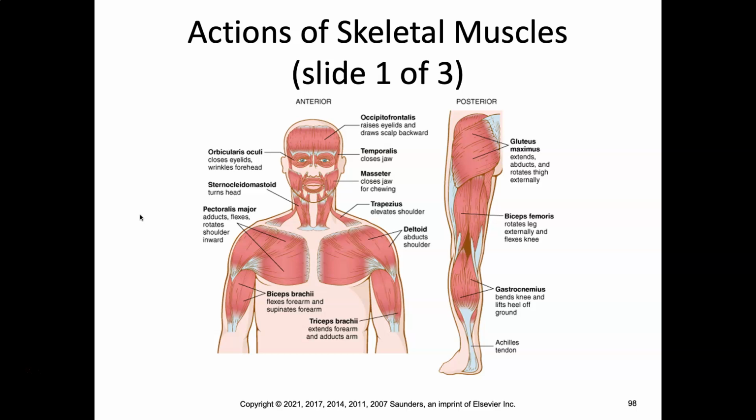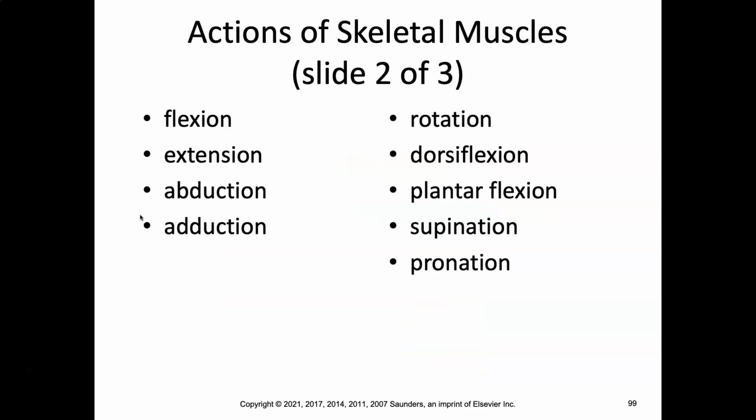So what do your skeletal muscles do? Here are two good visuals for us, graphics that show us a sampling of muscles and what they do. Muscles can flex. They do flexion, extension, abduction, adduction, rotation, dorsiflexion, plantar flexion, supination, and pronation.